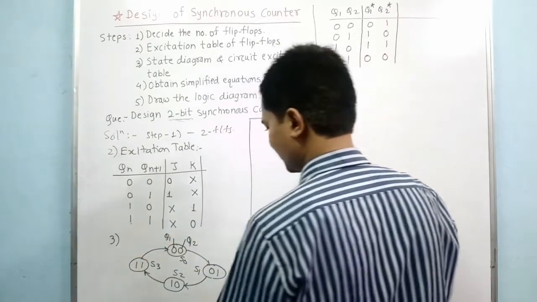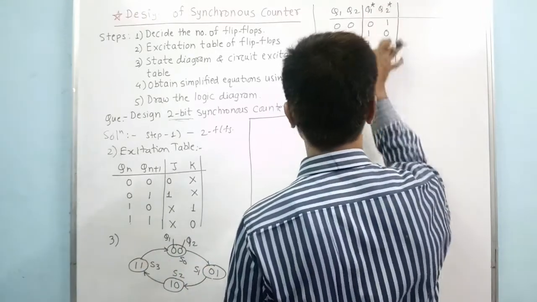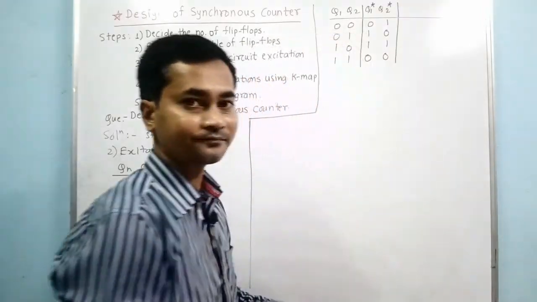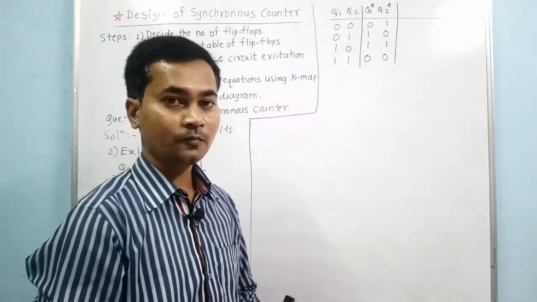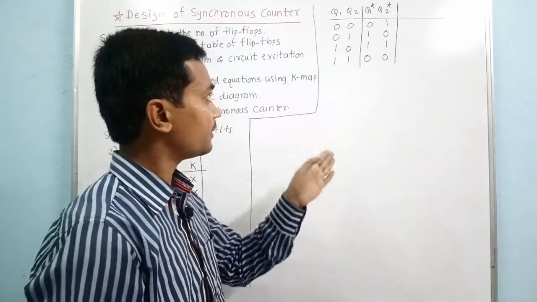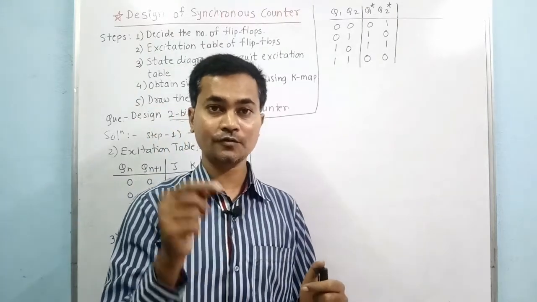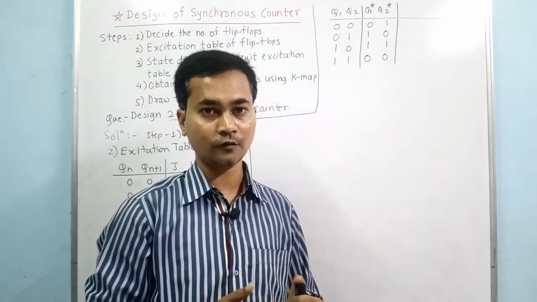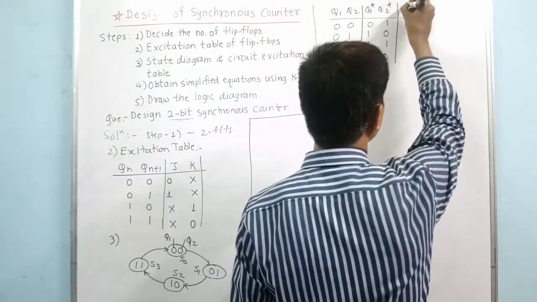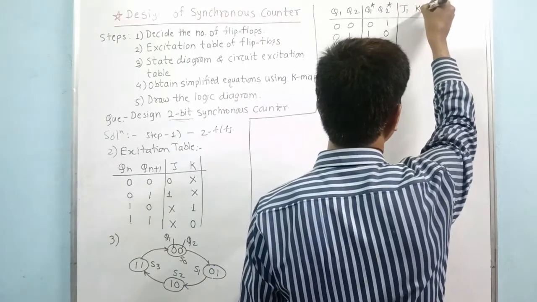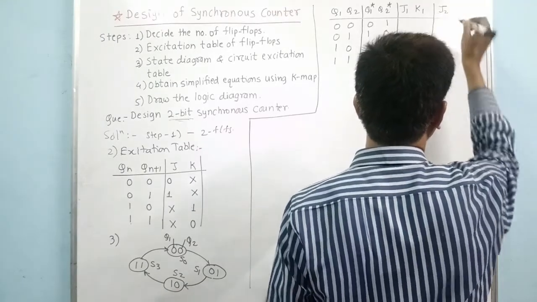Okay, so for this purpose we have just drawn this state diagram, and from this state diagram we have drawn this circuit excitation table. Okay, now how we can achieve the exact circuit diagram? So again we have to consider here the J1 K1 and J2 K2 inputs, because we need to find out what should be the actual inputs to the JK flip-flops. Okay, so as we are having two flip-flops, J1 K1 are the inputs of the first flip-flop and J2 K2 are the inputs of the second flip-flop.